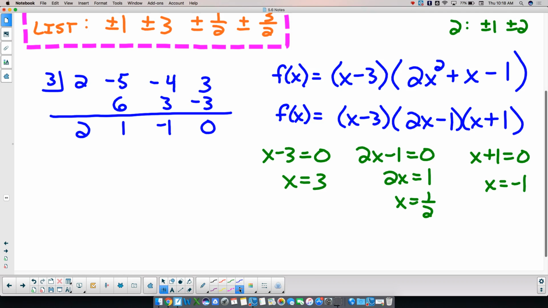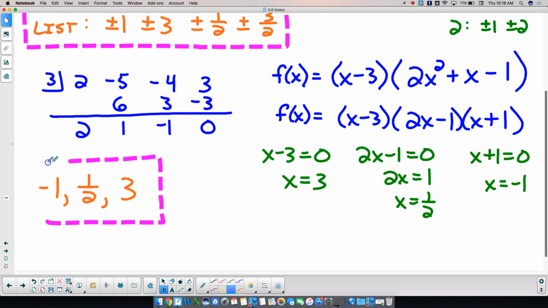So the 3 zeros are negative 1, 1/2, and positive 3. Okay.